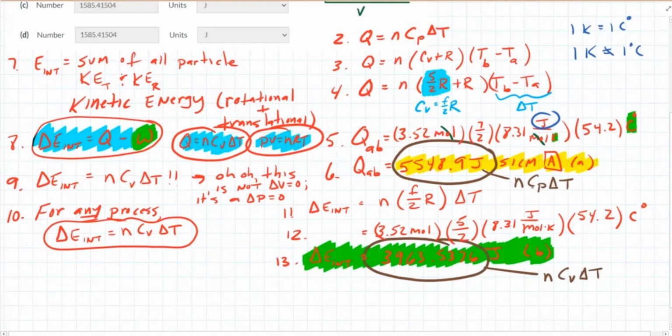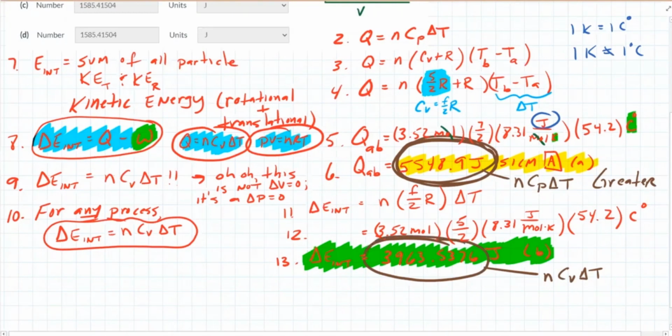So what's the difference between NCP delta T and NCV delta T? This is greater. And you know why? Because in this case, when I was holding the pressure constant, the volume was changing. So that comes at a greater cost.